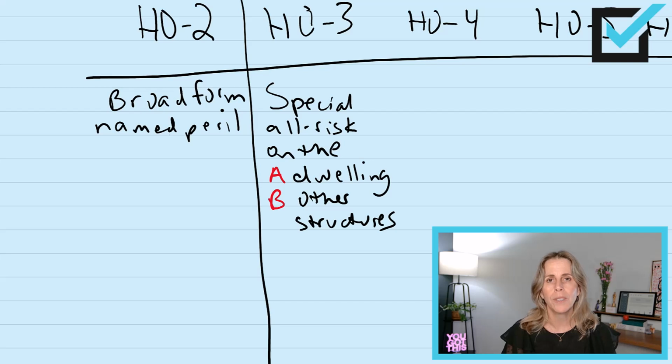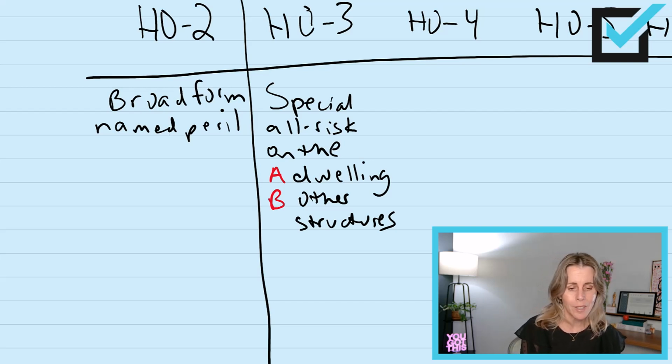So how do you know what's covered on an HO3? You need to read the exclusions. However, it is important to note that on an HO3, what is all risk is only the dwelling. The contents coverage, the personal property coverage, which is coverage C, personal property, is broad named peril.